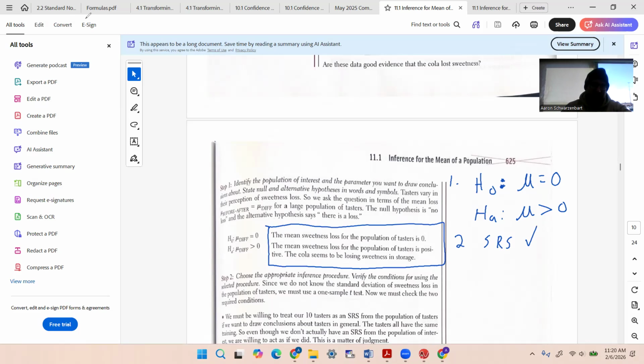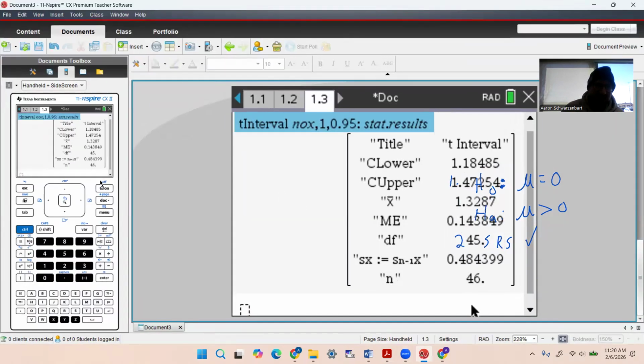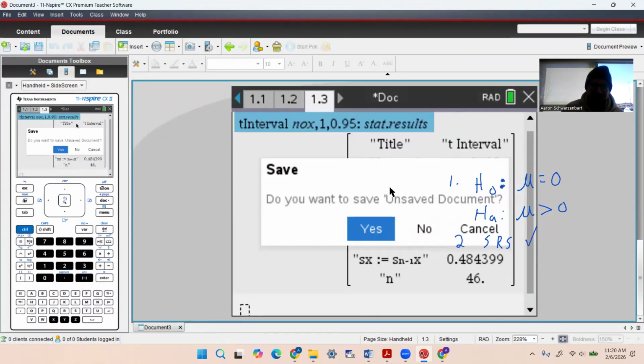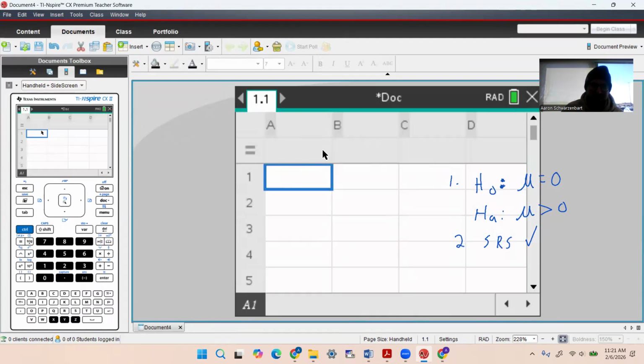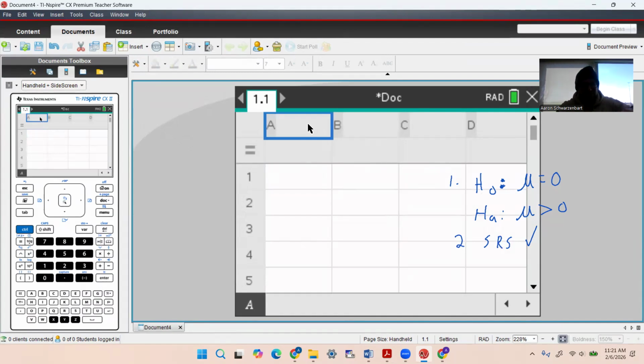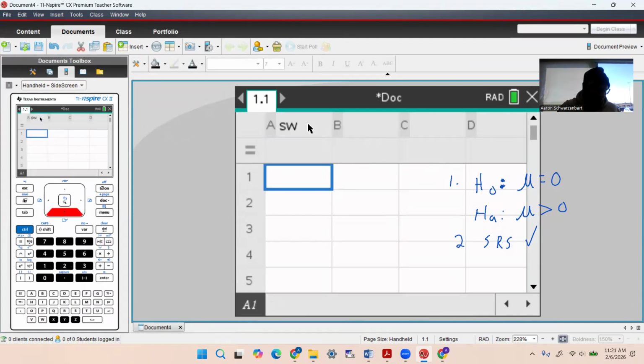Okay, I'm going to clear a few things out. The data for entering it into your calculator is on page 624 in the book. So I'm going to just start a new document, not saving that one. I'm going to call it SW for sweetness loss.